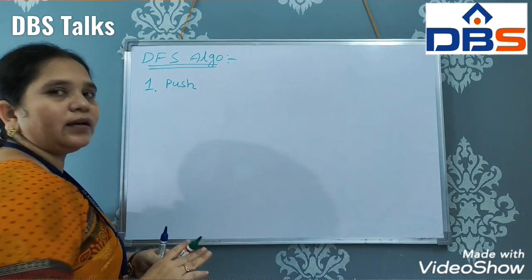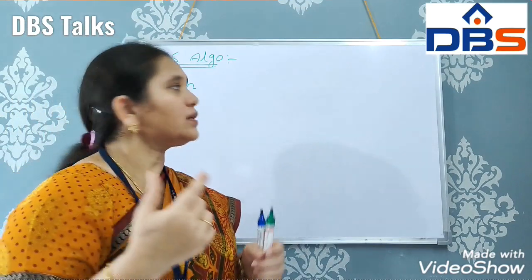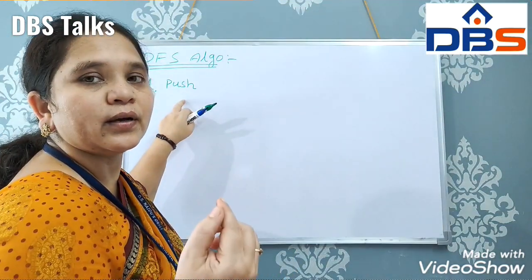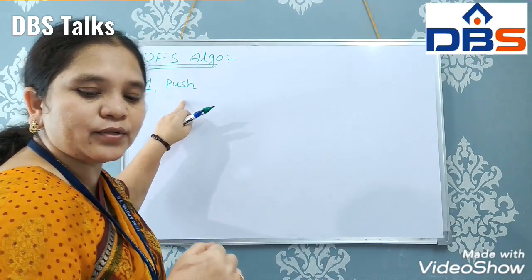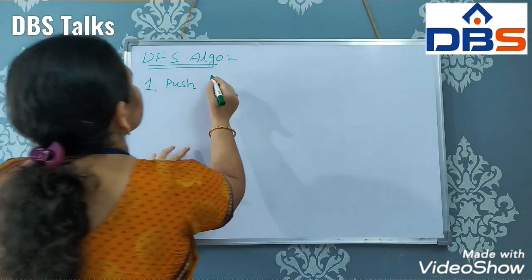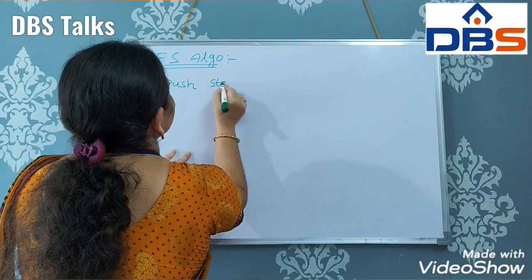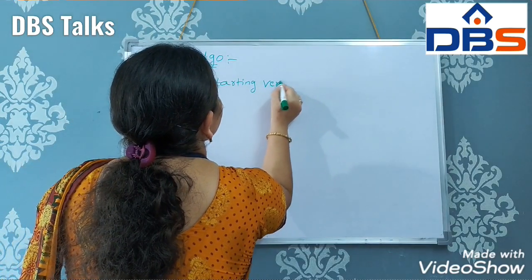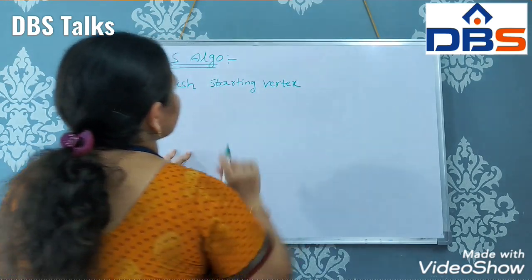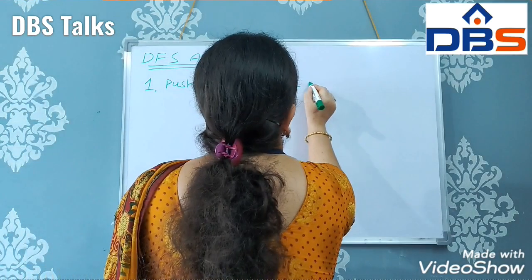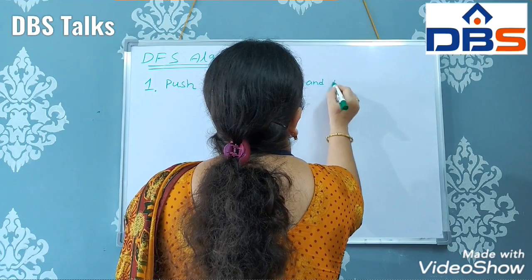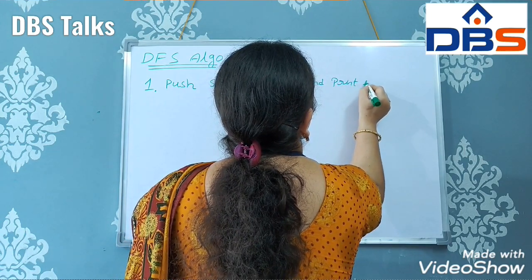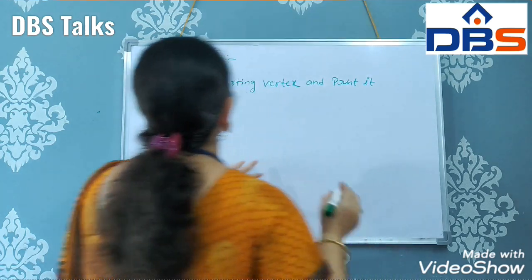push. In the previous example, BFS, we were using the queue, enqueue. Rather than enqueue, here we are using push. Push the starting vertex and print it.